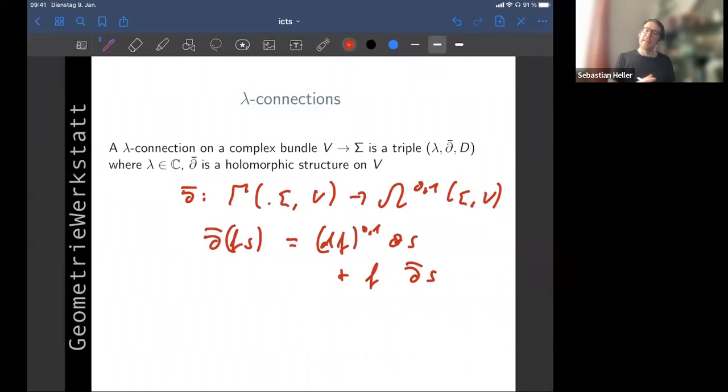So that's, at least in the case of Riemann surfaces, a one-to-one correspondence between the structure of a holomorphic vector bundle V on a complex vector bundle and these del bar operators, which are elliptic first order partial differential operators.